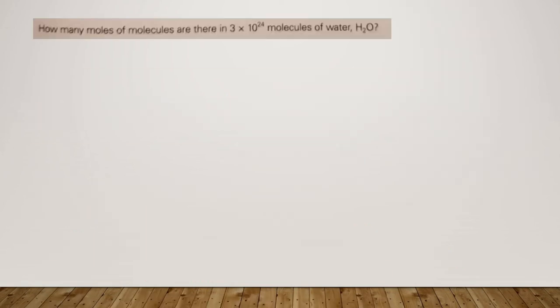Now let's talk further in detail. If you have 3 into 10 to the power 24 molecules of water, how many moles are present? Just now I discussed, dear friends, that 6 into 10 to the power 23 molecules will be your 1 mole.